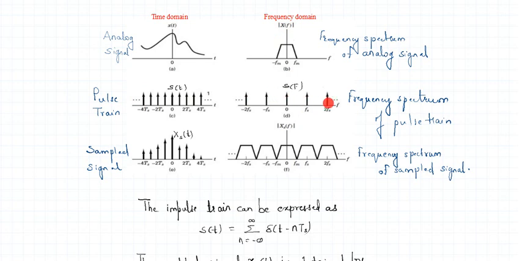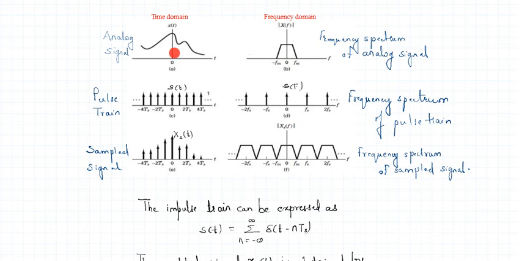This is a sampled signal and this is its frequency domain. So there is a correlation between the time domain and frequency domain signals. The time domain signal is represented in the first column and its equivalent frequency domain is represented in the second column. Let us start the discussion with the CT signal.